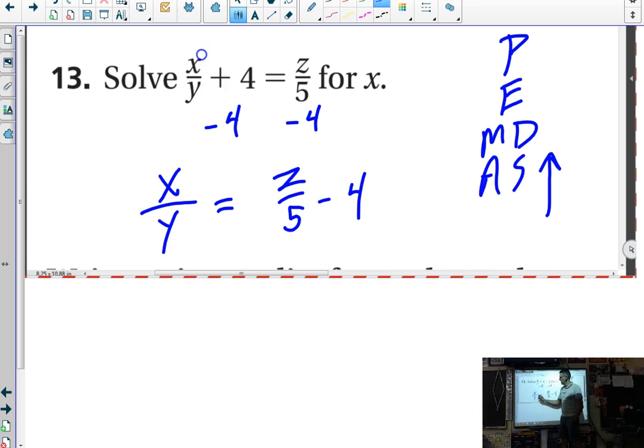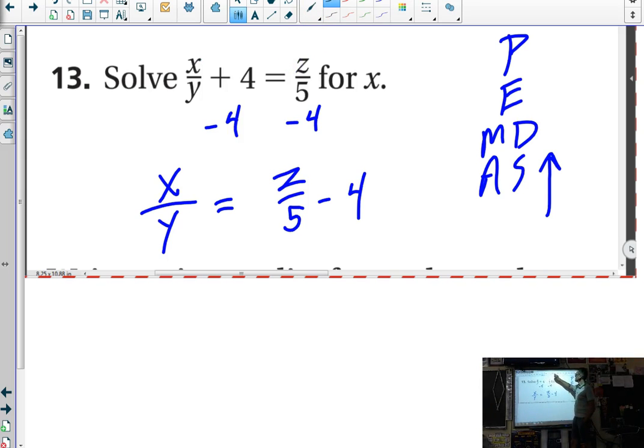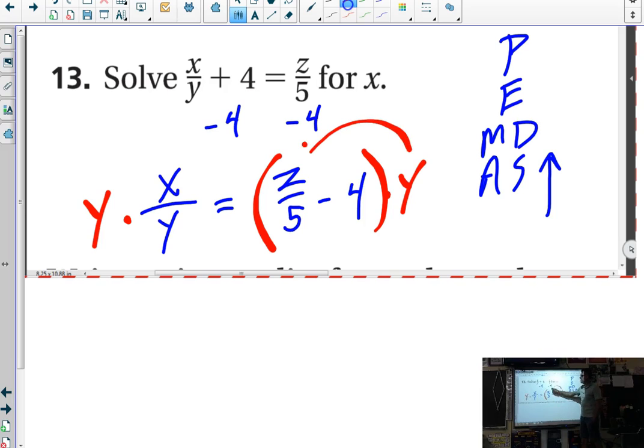And then I undo the fact that this is divided, and this is where people struggle, though. When I go to multiply on both sides, how is that y going to multiply on the right? Yep. You have to use the distributive property. We have to distribute because it has to multiply to every piece of the right-hand side.